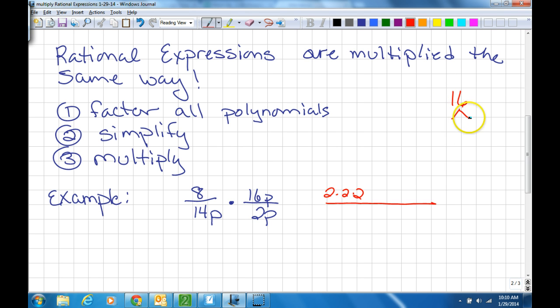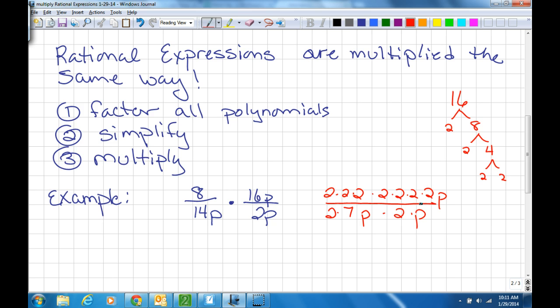Well, if I have to, here's my factor tree. 2 times 8, right? 2 times 4. 2 times 2. So I got 4 2's. So I'm going to keep making some 2's here. And then I have 1 p. Okay, on the bottom, the prime factors of 14 are just 2 and 7, and I have a p. And then 2 is already a prime factor in itself.